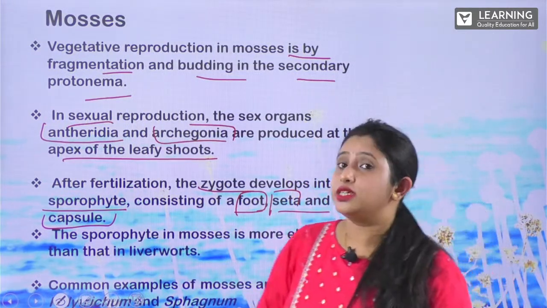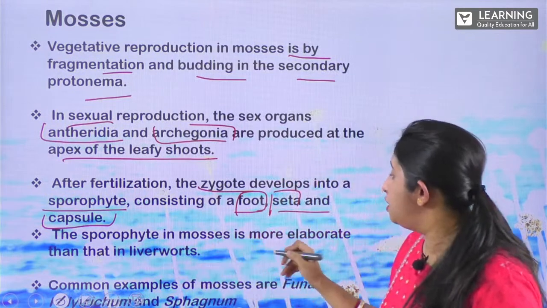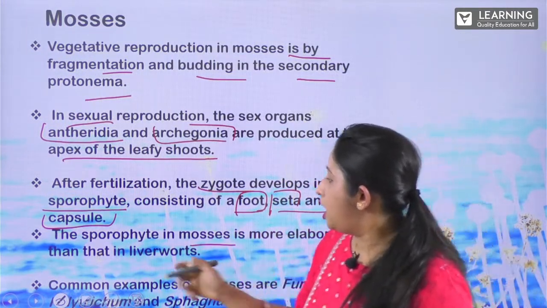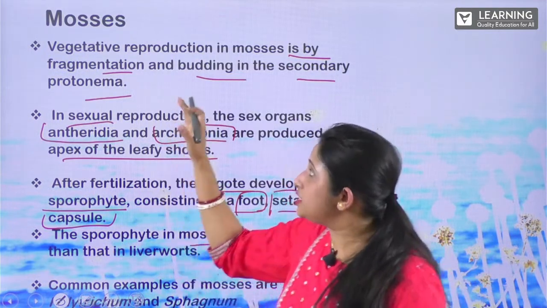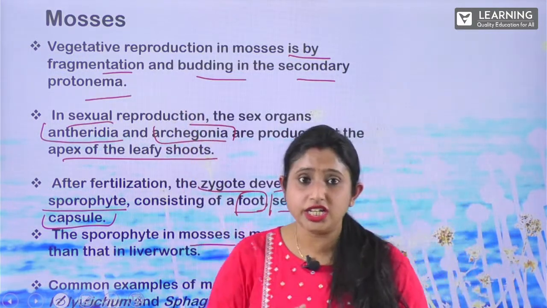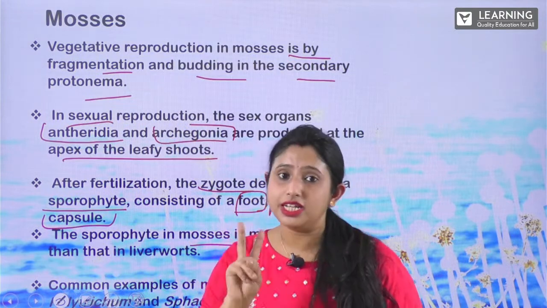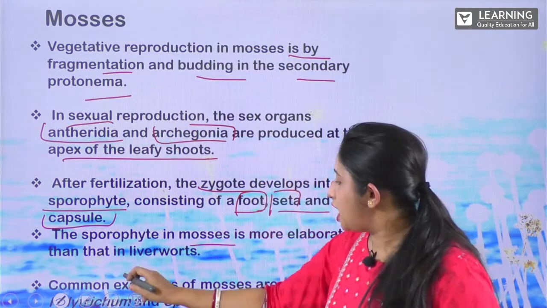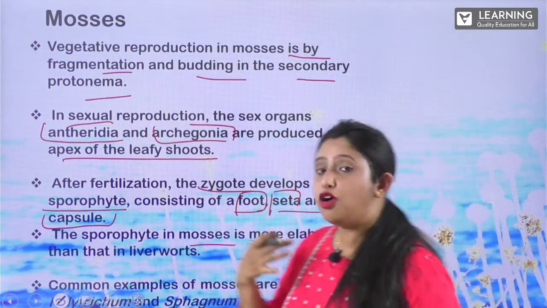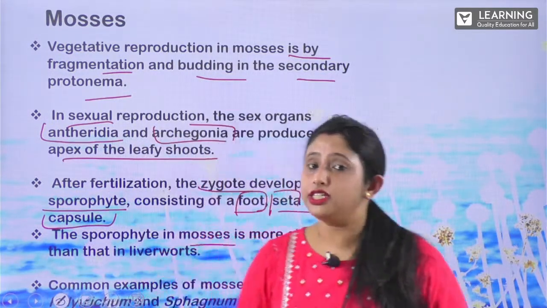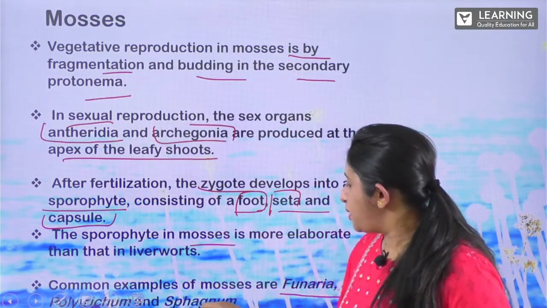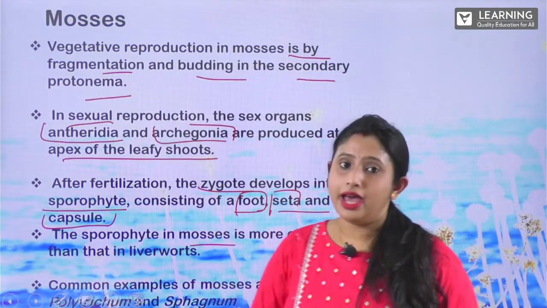So this is the process by which the sporophyte in the moss is developed. This is how reproduction takes place. It is basically of two stages. So an example is what? An example is Funaria. Funaria is an example of a moss, and also Sphagnum, right? So this is also an example.